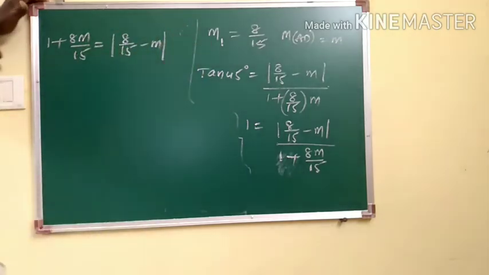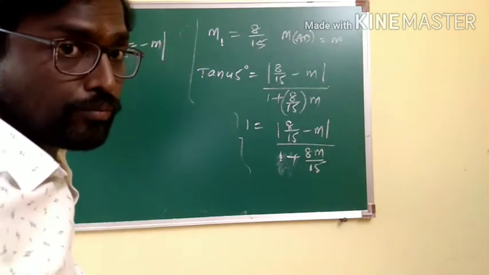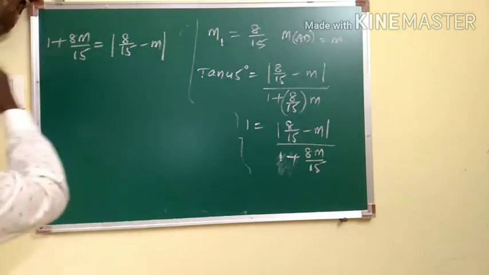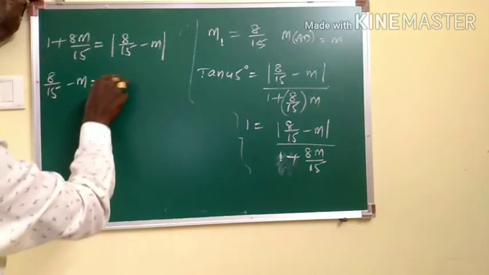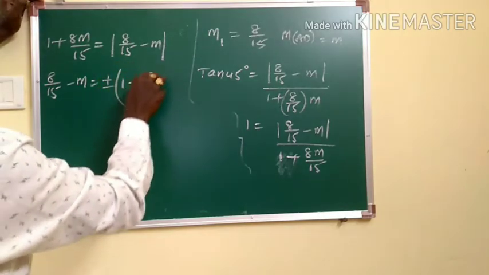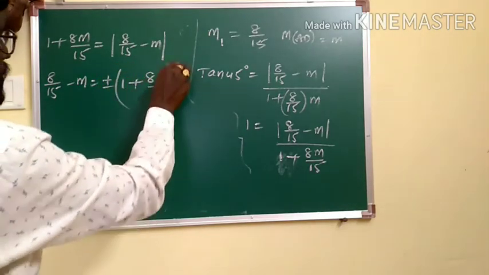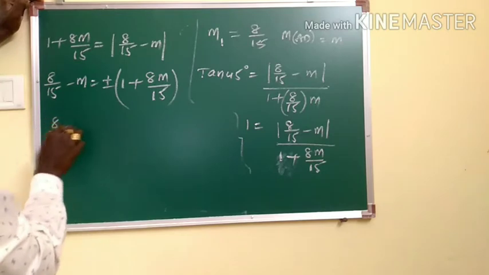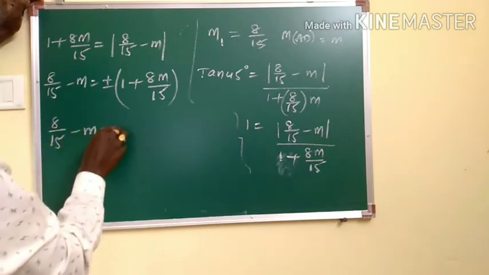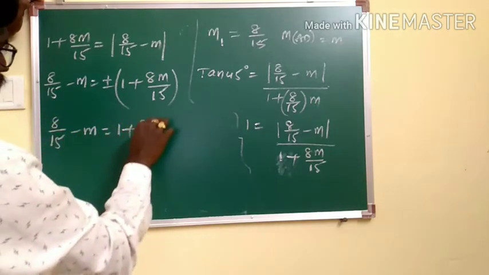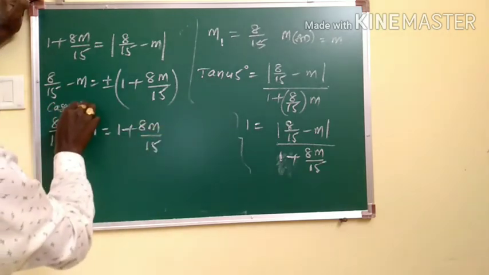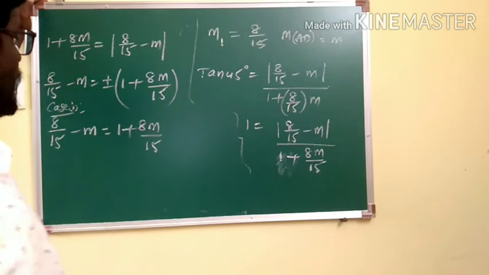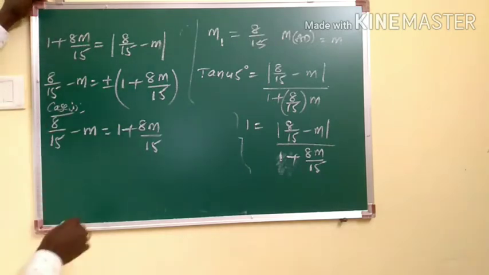On eliminating the modulus on one side, we take plus or minus on the other side. So we get 8 by 15 minus m is equal to plus or minus of (1 plus 8m by 15). 8 by 15 minus m equal to 1 plus 8m by 15 is case 1; we take plus in one case and minus in the other.